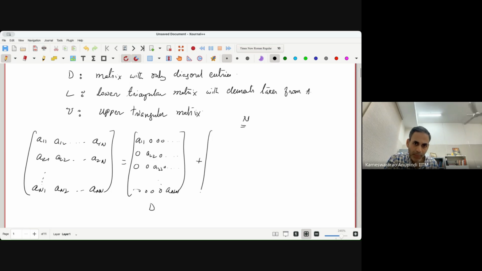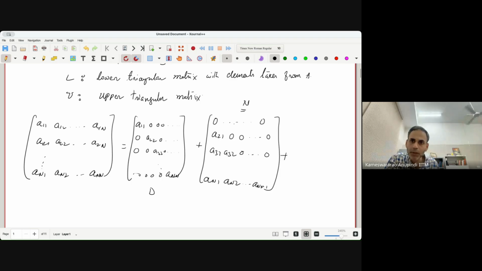Plus the lower triangular matrix, which is all zeros in the first row, then A21, 0, 0, 0, then A31, A32, 0, 0, and similarly An1, An2, all the way to An,n-1.